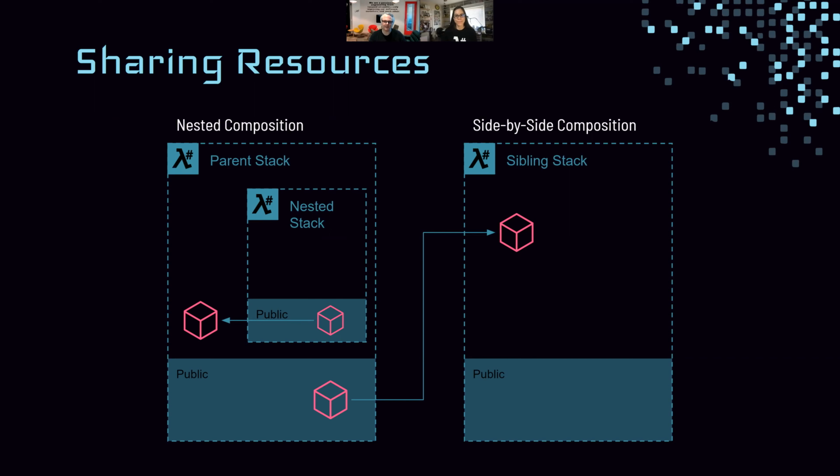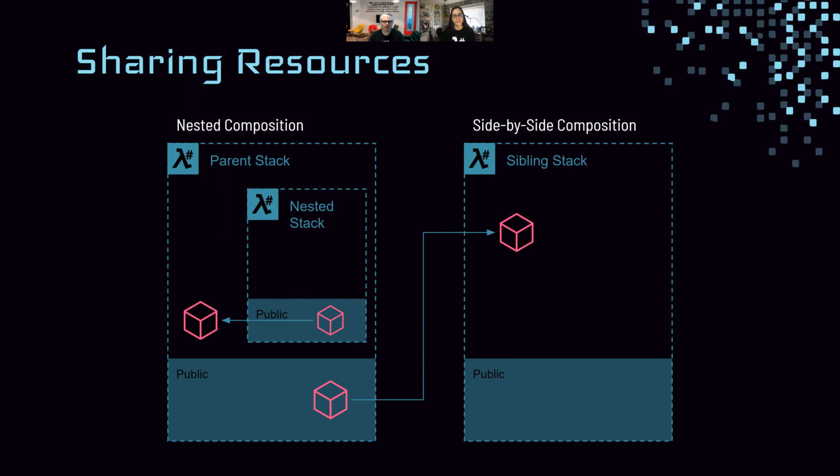Sometimes that's the right pattern, but many times I found it not to be the optimal pattern. It's actually nicer when you can think of your own CloudFormation stack that you deploy as being a new service that your other services can depend on. And that's side-by-side composition. When you launch one stack, it provides certain resources and capabilities, and then you launch another stack that imports these resources so it can interact with them. And so you chain things together.